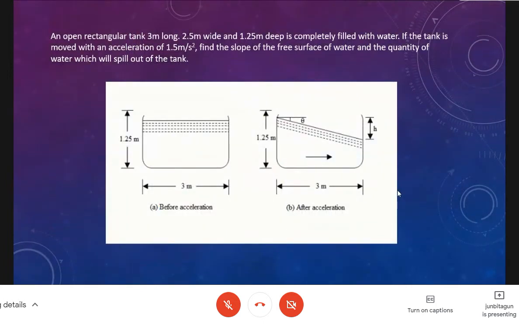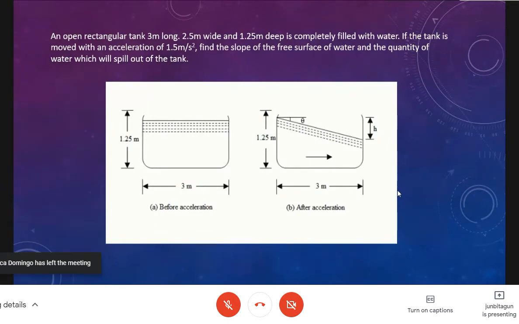So another problem, an open rectangular tank 3 meters long, 2 meters wide, and 1.25 meters deep is completely filled with water. In this case, if a container is completely filled with water and you move it on a horizontal basis of acceleration, of course, water will be spilled out, even with just the tiniest acceleration you can find.